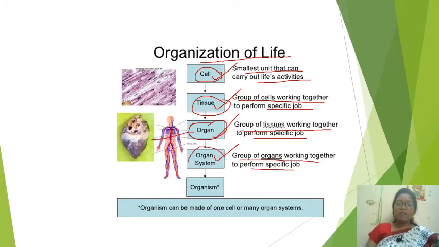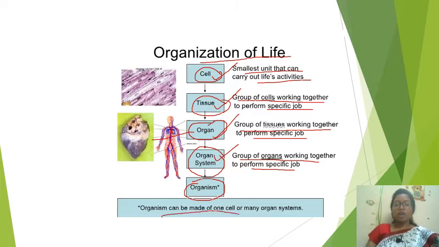When all the different organ systems, like the circulatory system, digestive system, reproductive system, etc., together form an organism. That means when we have all these organ systems, we are formed. Humans are organisms, plants are organisms, animals are organisms.